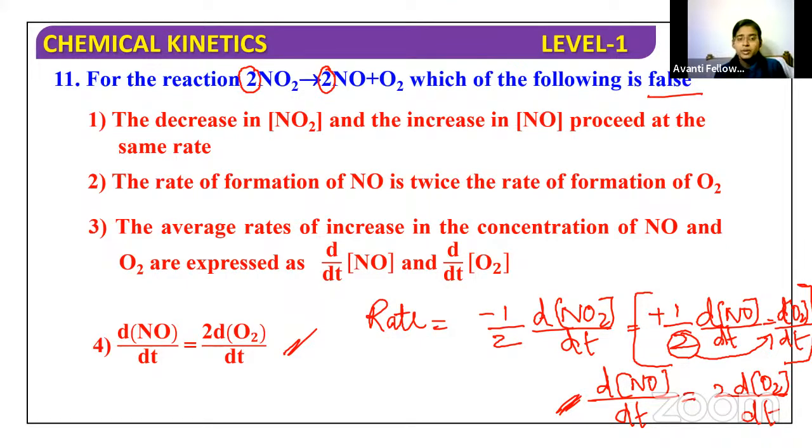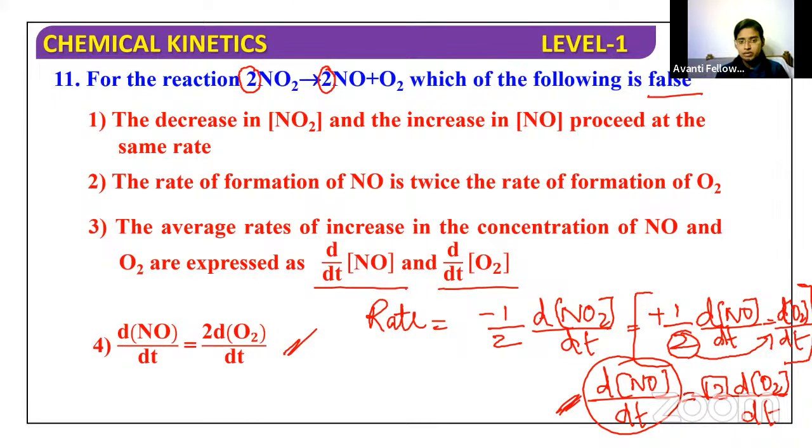Come to option 1. The decrease in NO2 and increase in NO proceeds at the same rate. Since both of them have the same coefficient, the decrease and the increase proceed at the same rate. So that is correct. Option 2: the rate of formation of NO is twice the rate of formation of O2. That is also correct. Option 3: the average rate of increase in the concentration of NO and O2 are expressed as equal, but that is not correct.